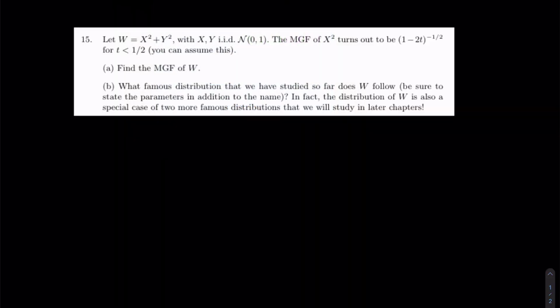So here we're letting W be X squared plus Y squared, with X and Y being i.i.d. with a Gaussian distribution, mean 0 and variance 1. The MGF of X squared turns out to be this term here.